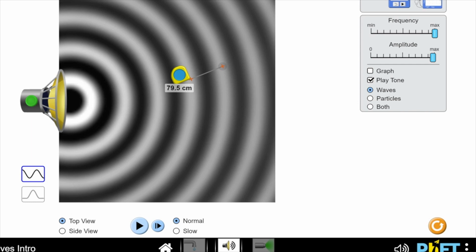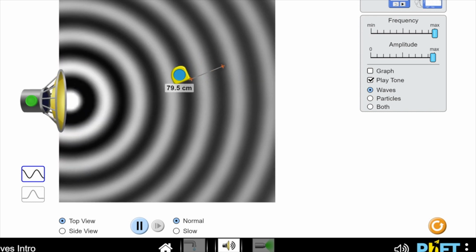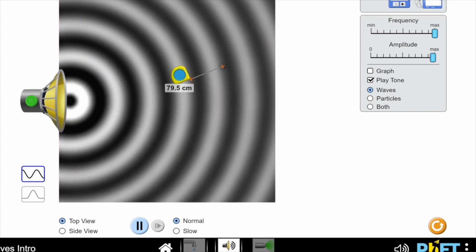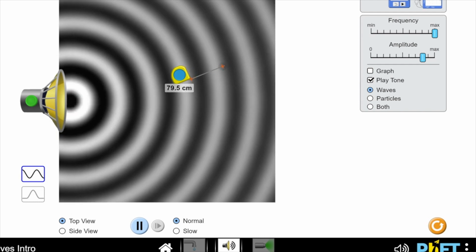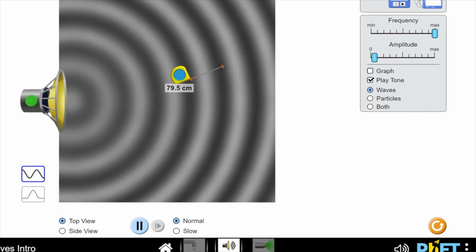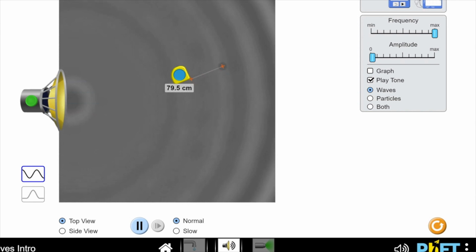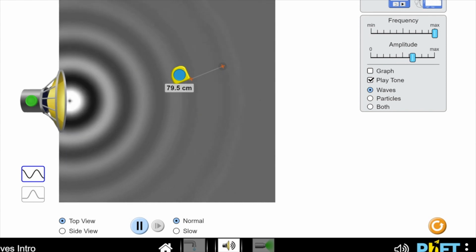Notice I hadn't changed the amplitude at all, so I'm going to put that sound back on now. Its volume, the lower the amplitude, the lower the volume. Higher the amplitude, so move the amplitude back up.